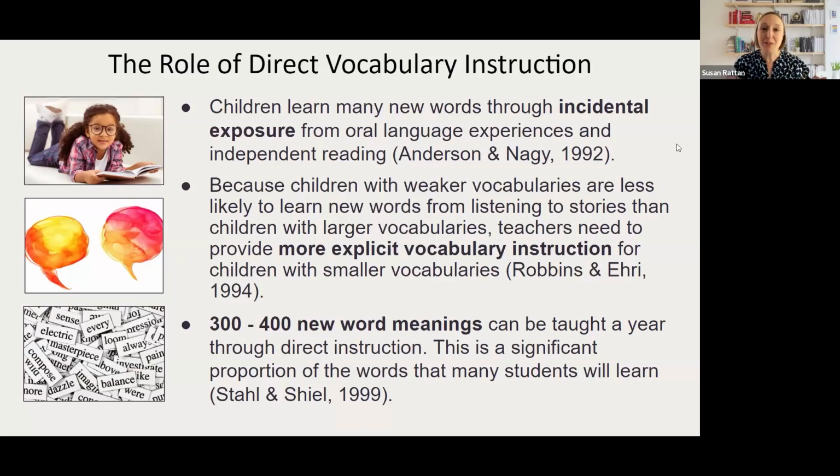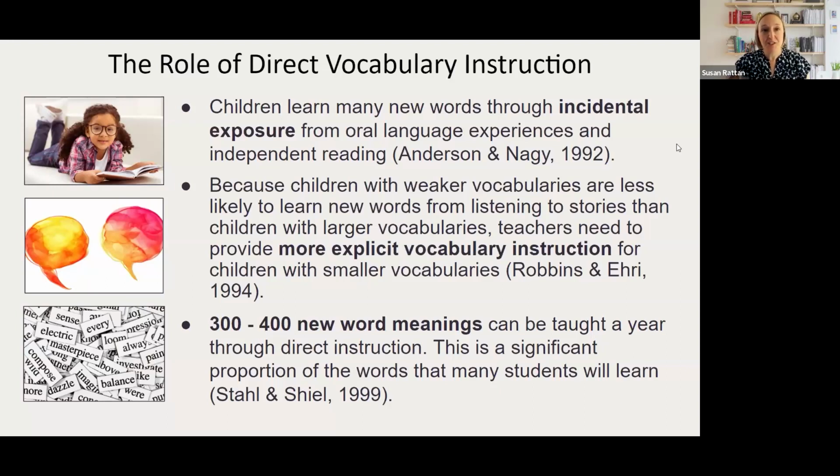But a couple of points about that, of why it's important to also directly teach vocabulary. One is that those children who have lower levels of vocabulary, as I said before, they're less likely to encounter the kinds of words that we want them to be learning, the advanced academic vocabulary. And they're also less likely to learn those words independently when they come across them. So it really puts students who are coming in with lower levels of vocabulary at a disadvantage.